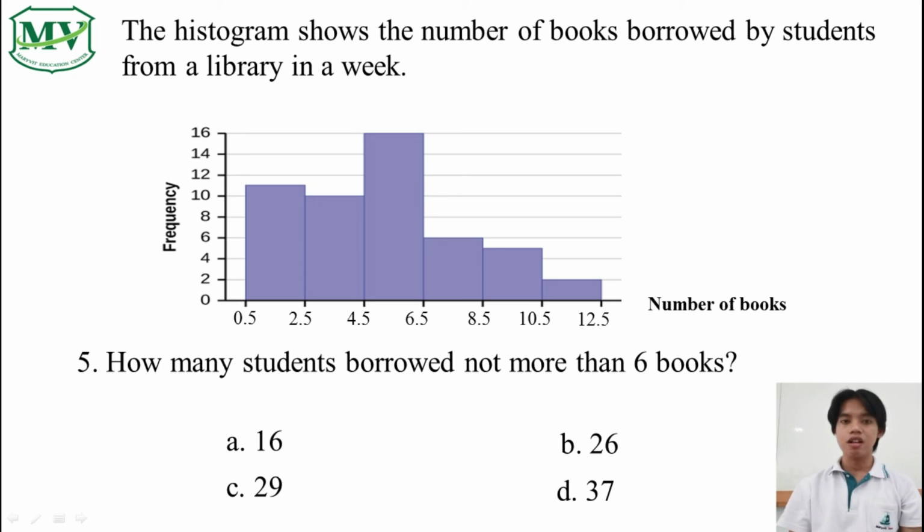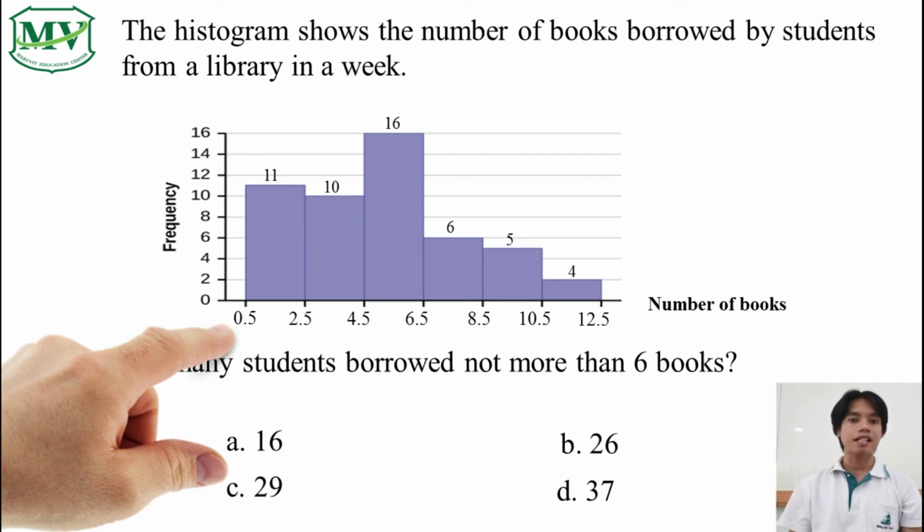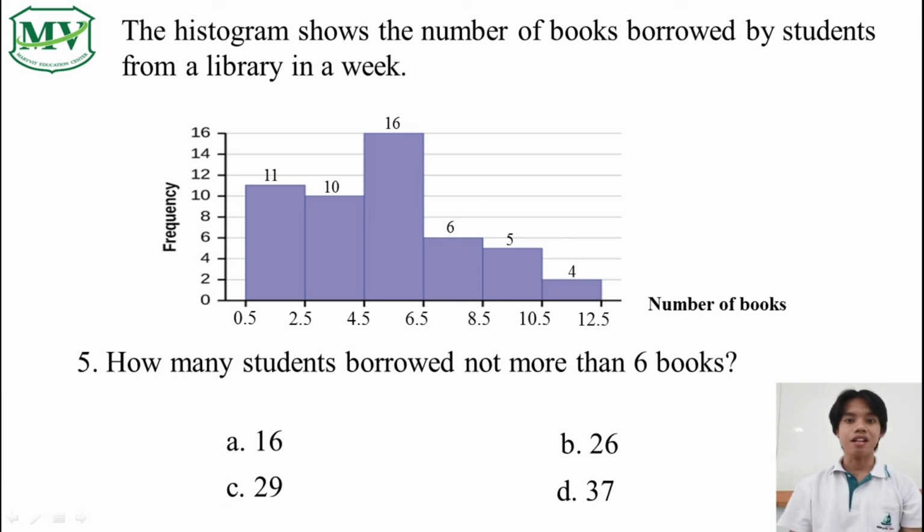How many students borrowed not more than 6 books? That means 6 books and below. 6.5 is actually 6, so let's start counting from there. 16 plus 10 plus 11. That's equal to 37 students. So our final answer is letter D.